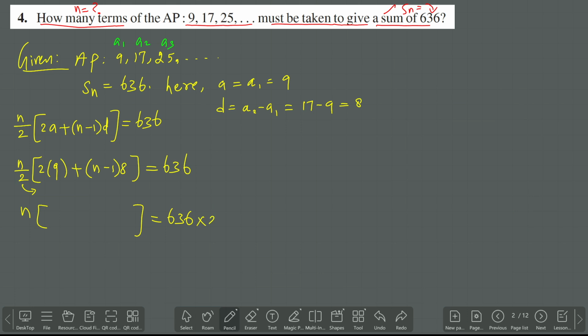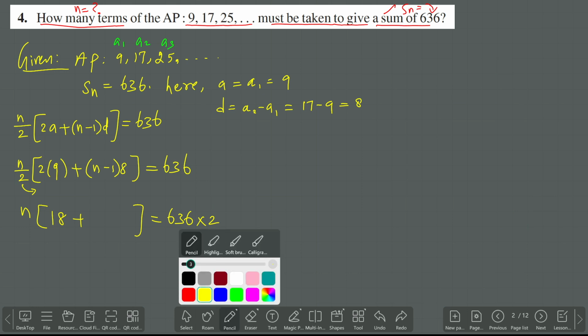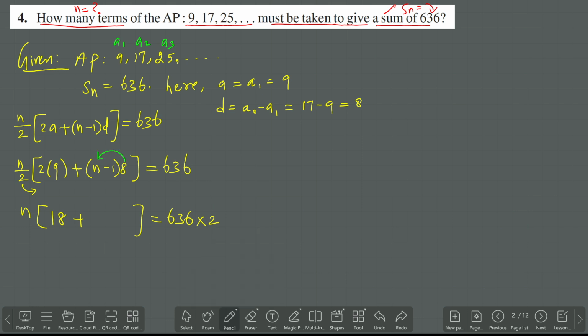When you send it opposite, what will you be getting? 636 into 2 will be there. Let it be. 2 nines are 18, plus the 8 you bring inside: 8 into n, 8 into minus 1. So 8n minus 8.